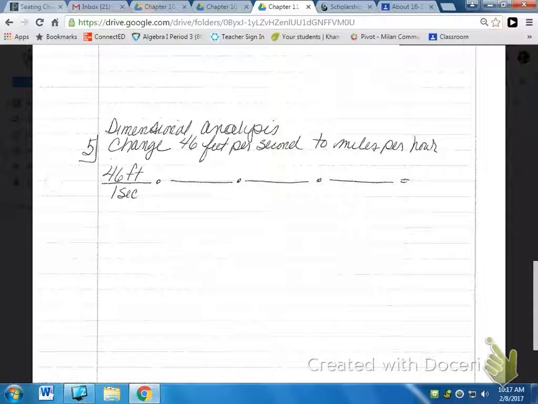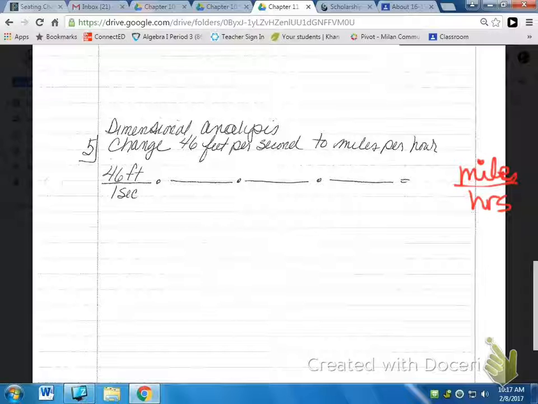So right now it's feet on top and seconds on the bottom, okay? And we want it to end up with miles on the top and hours on the bottom. That's something that you might not think too much about, but that's what you're going for. So we need feet to go away and miles to end up on top.